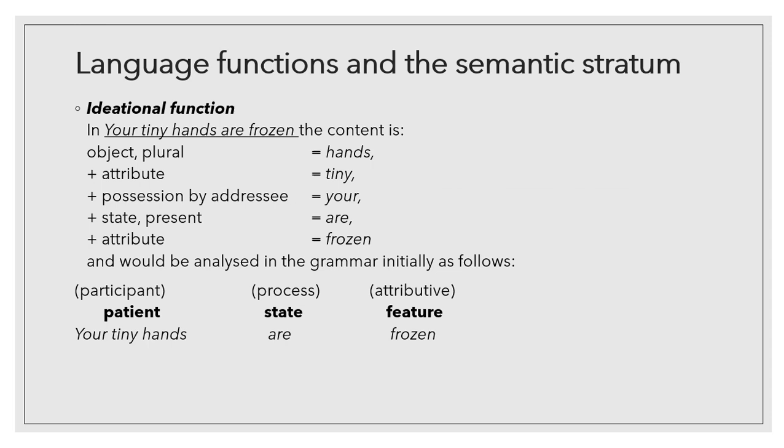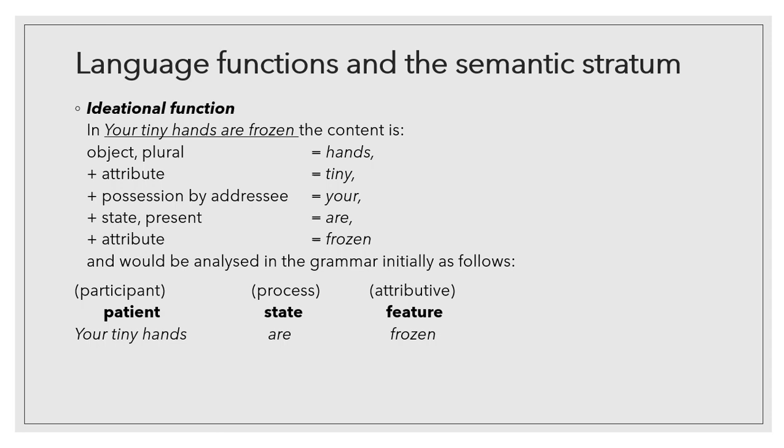How about the attribute? It's going to be tiny. The attribute is to explain. And then the possessive determiner your explains hands in this case. And then we have the state process in the present form, and then the attribute to explain the condition of the patient: frozen.